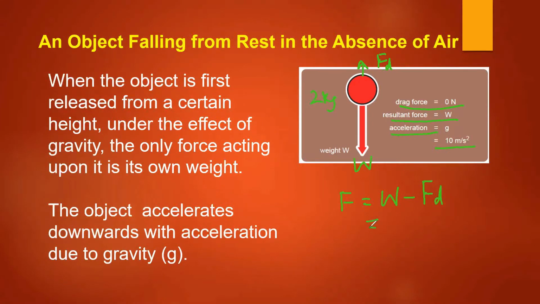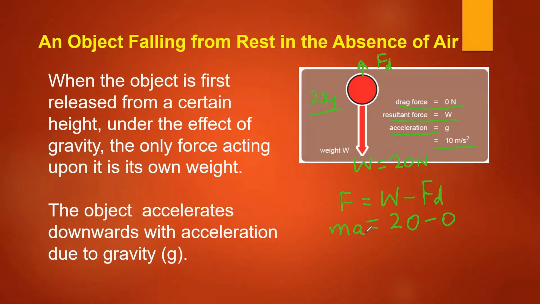In this case, if the mass is 2 kilograms, the weight of the object is going to be 20 newtons. The drag force is 0. According to Newton's law, when there is a resultant force, F is equal to ma, mass times acceleration.